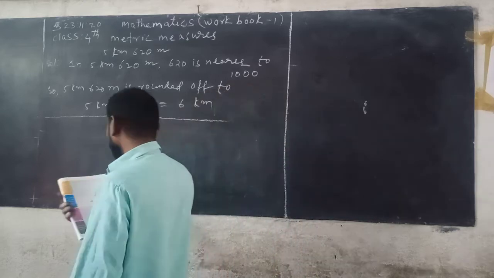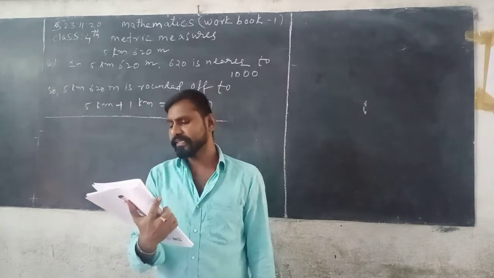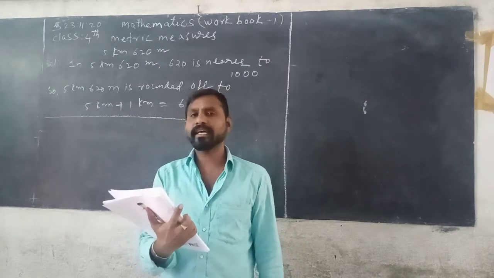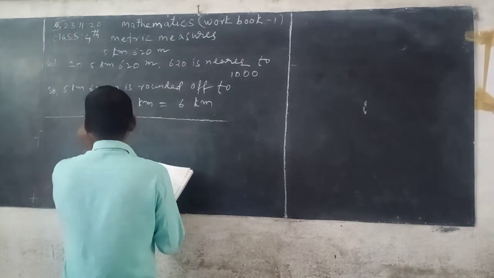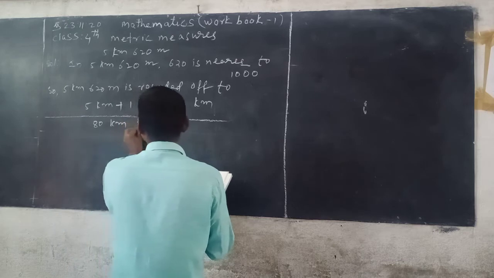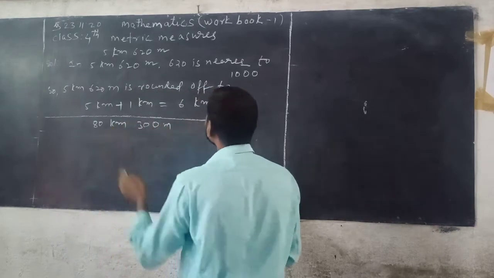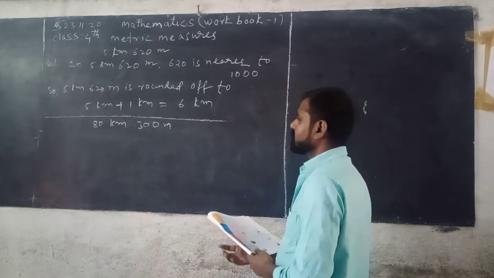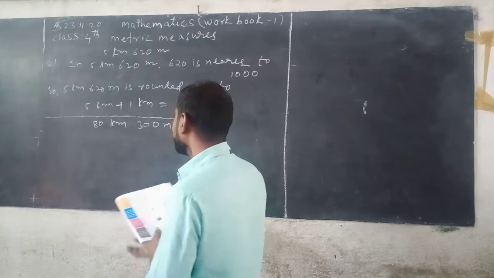Next one is Vinil drove his car about 80 kilometer 300 meter. See here, 300 meter is nearer to 0 kilometer, below 5, less than 5.